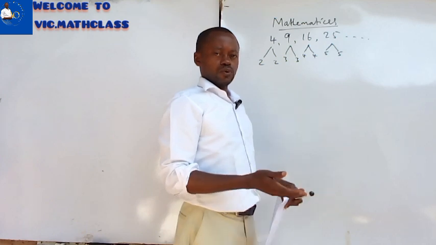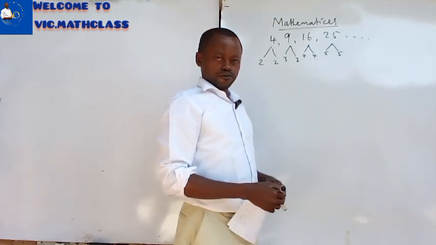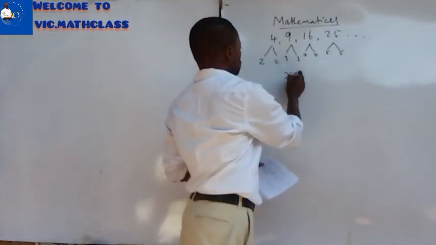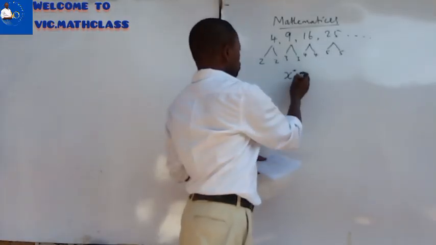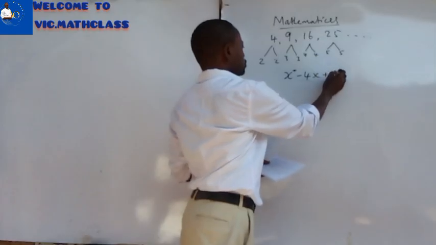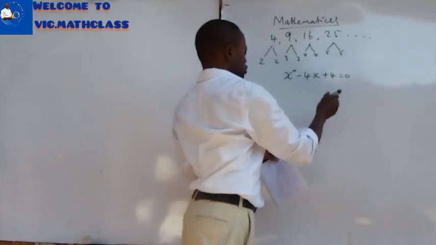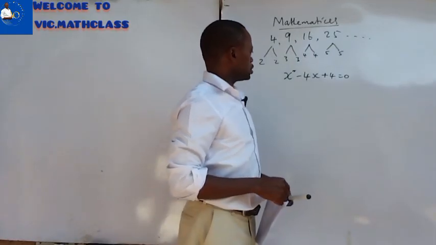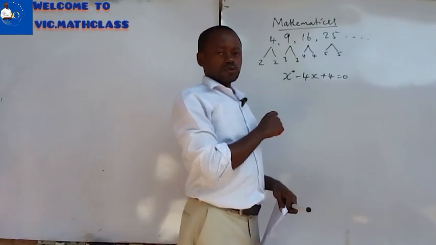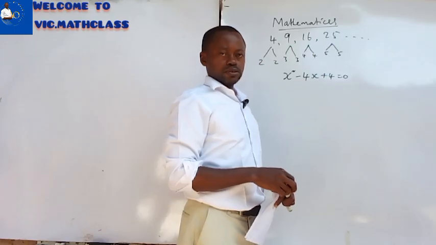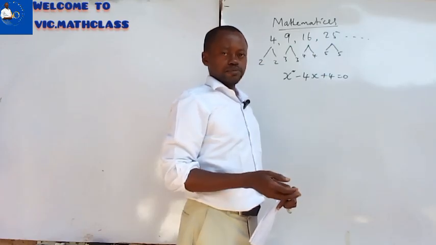It can be a quadratic equation. Take for instance, if I have something like x squared minus 4x plus 4 equals 0, you know that this is a quadratic expression. This quadratic equation can be expressed in two factors that are the same.